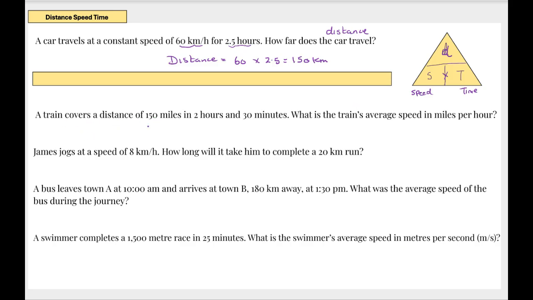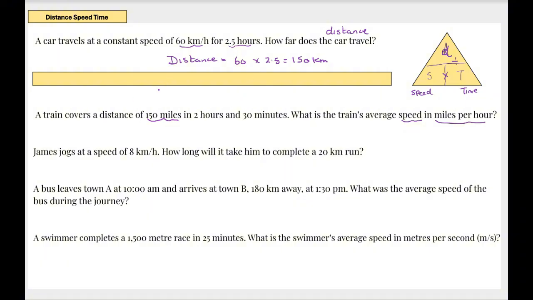A train covers a distance of 150 miles in 2 hours and 30 minutes. What is the train's average speed, this time in miles per hour? We're looking for the speed in miles per hour. So this time I'm going to put my thumb on that S and hide it. And I'm left with distance divided, as this line is divided, by time.